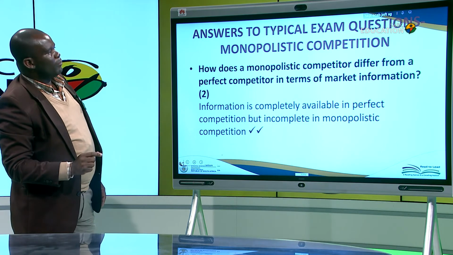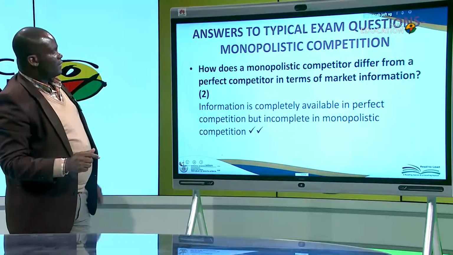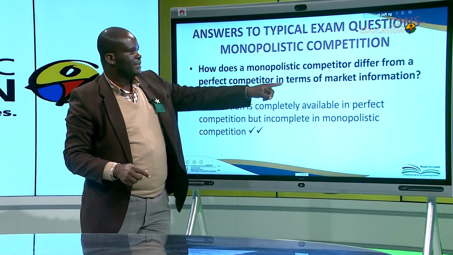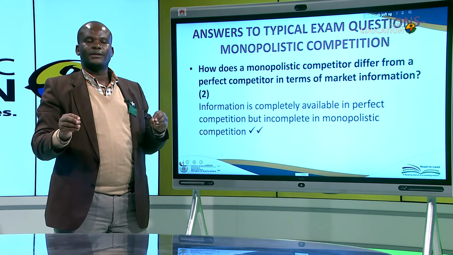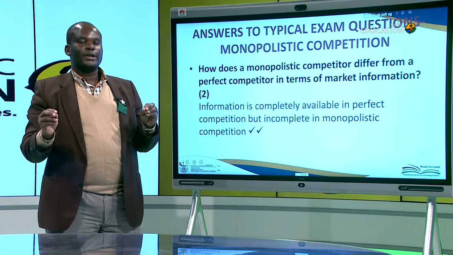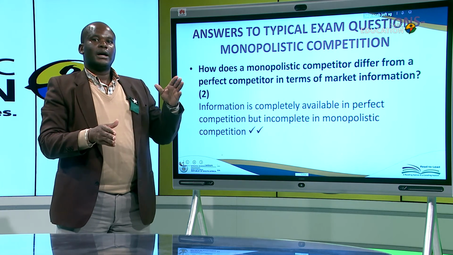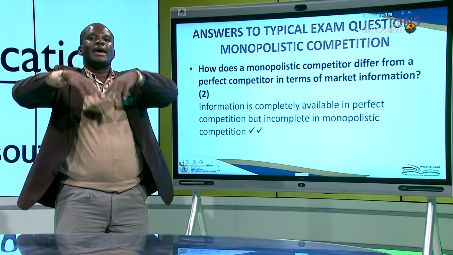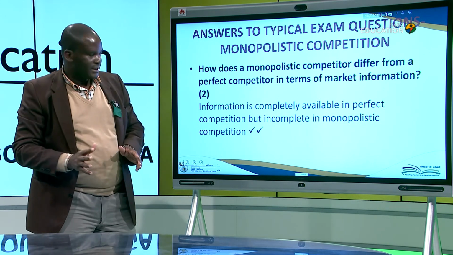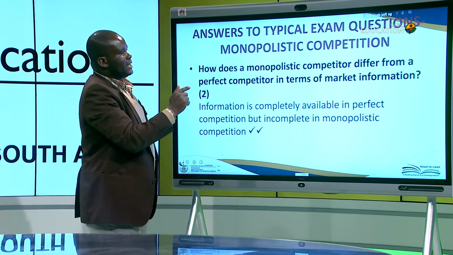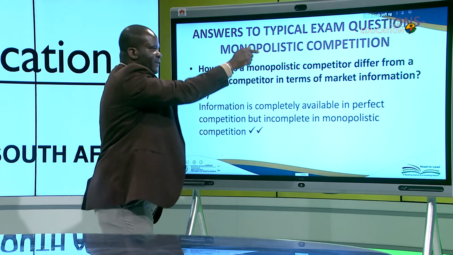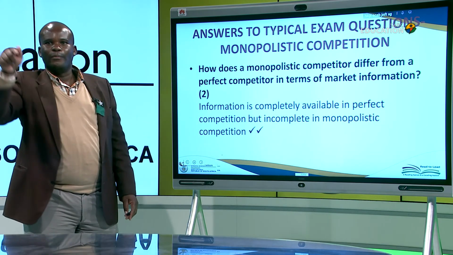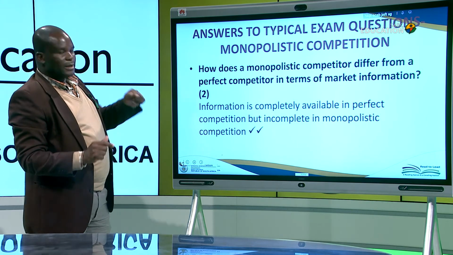How does a monopolistic competitor differ from a perfect competitor in terms of market information? Remember I said comparison cannot be done only with monopolistic and oligopoly. You can be asked to compare any of the four market structures. In this case, they are asking us to compare a perfect competitor to a monopolistic competitor in terms of information.